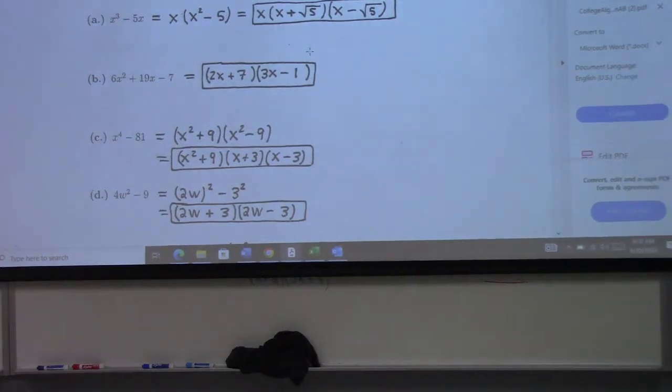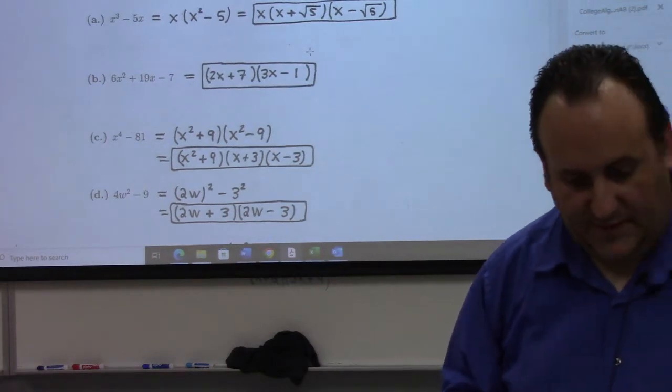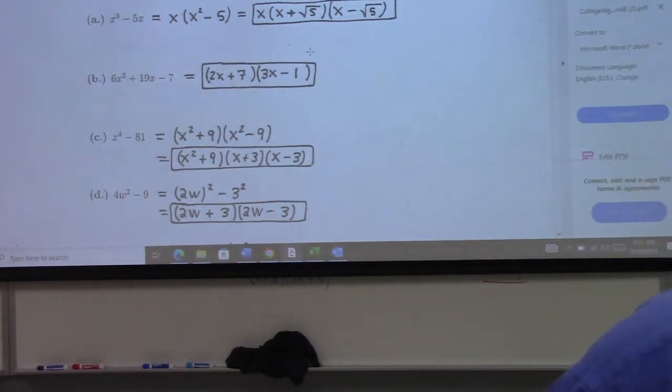If we had x squared plus 3x plus 2, and I say factor that, factoring is just this. If I say to solve x squared plus 3x plus 2 equals 0, that is a different problem.